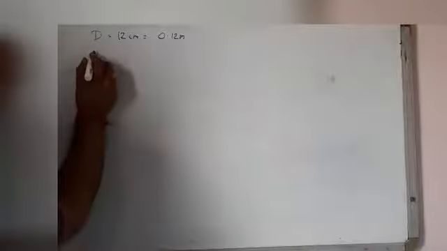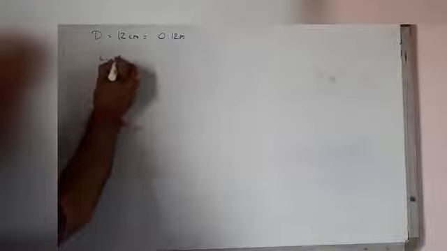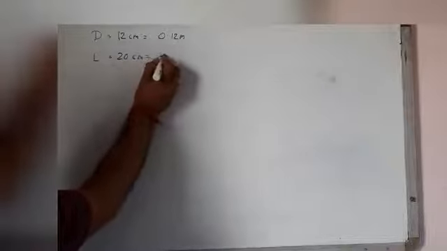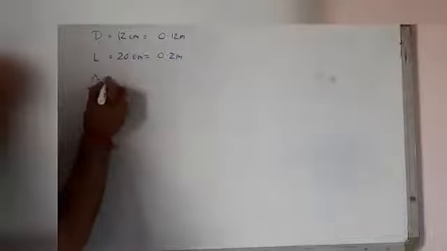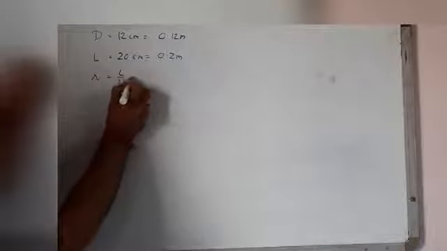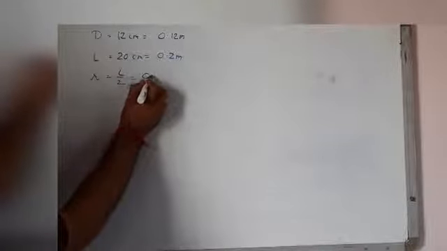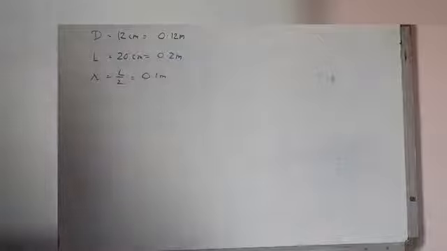Length of stroke is given 20 centimeter equal to 0.2 meter. Crank radius is L by 2 equal to 0.1 meter, 10 centimeter.